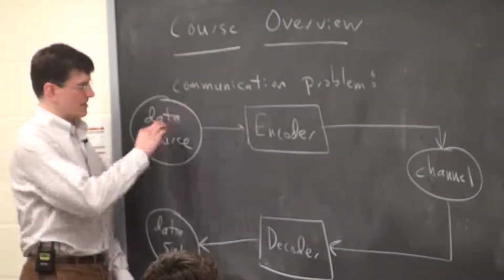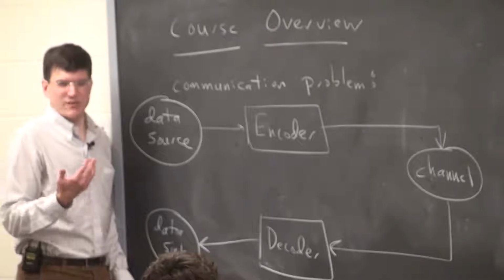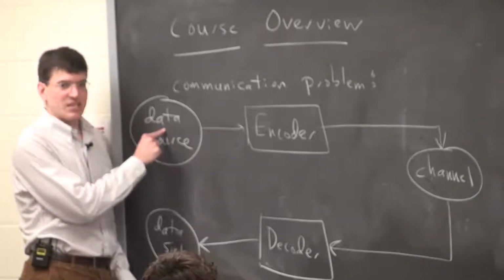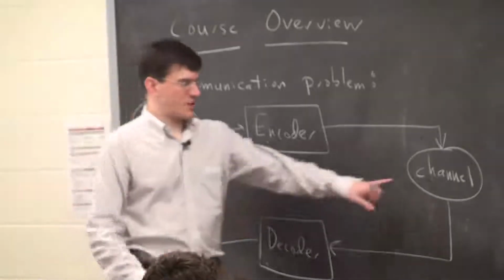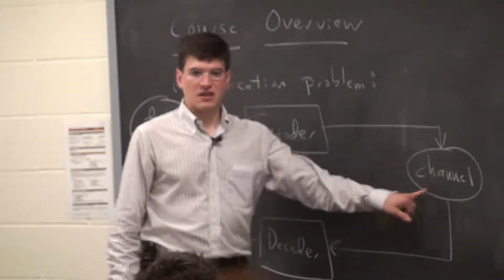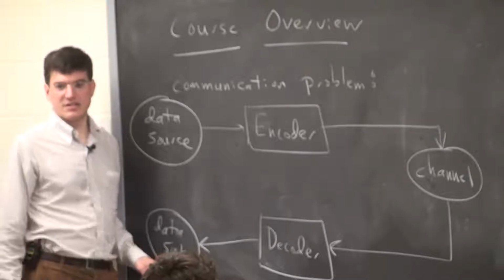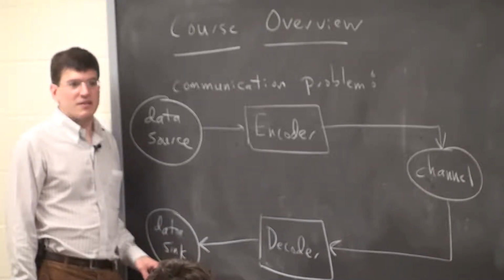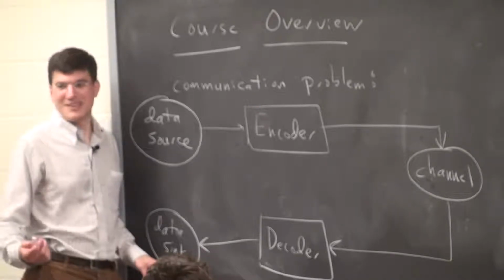In some cases, the source and the channel are well matched, and so you don't have to do a whole lot. If the goal is to send voice over a twisted pair of cables to someone who wants to listen to the voice, this is the classical telephone problem, circa 1940.